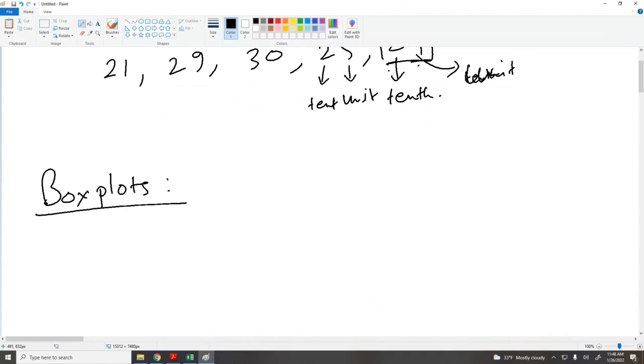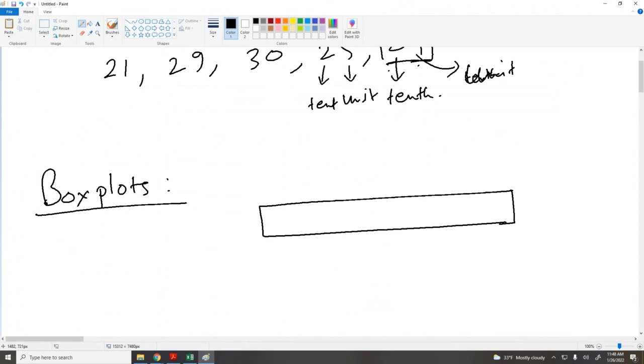So for a box plot, let us assume that your data is represented by a rectangle, just like this one. Let's suppose your data is represented by a box.